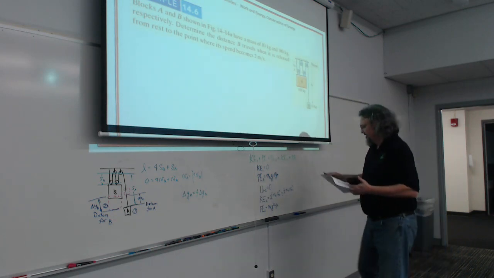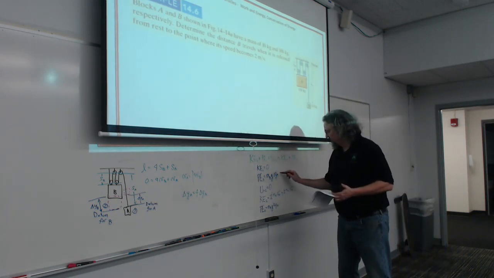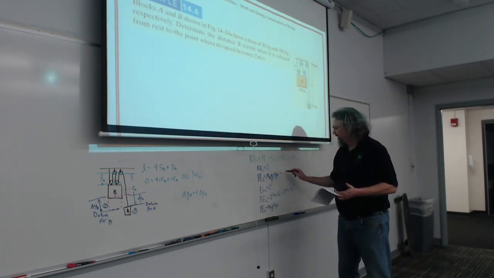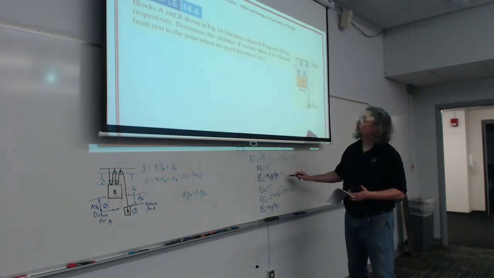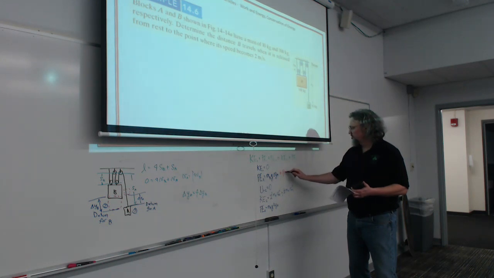Here is the thing we want to find, and they're asking us to find it for B. So B has 100 kilograms, 9.81, and delta yB, the thing we want to find.